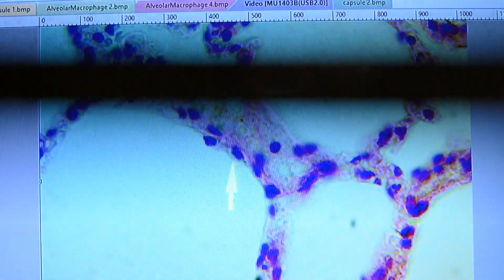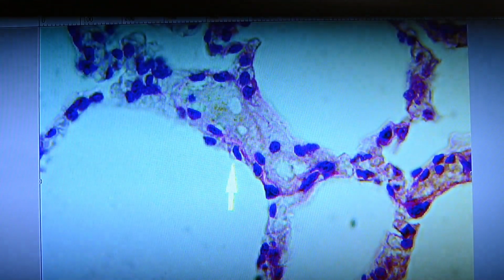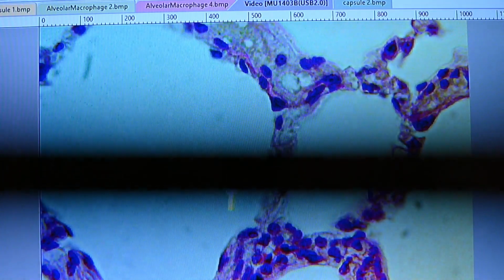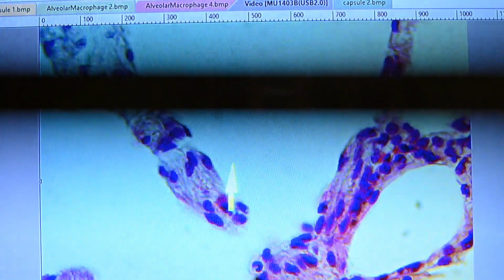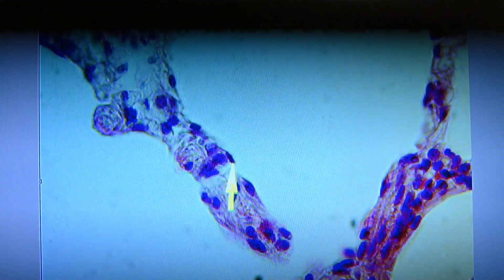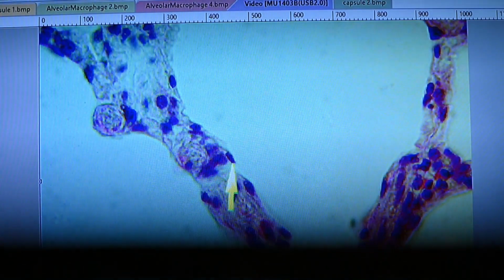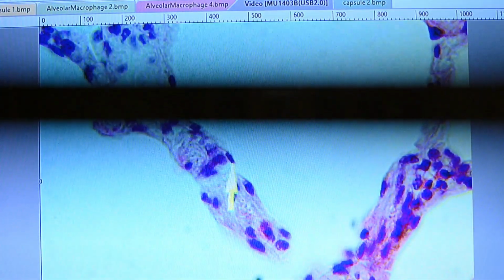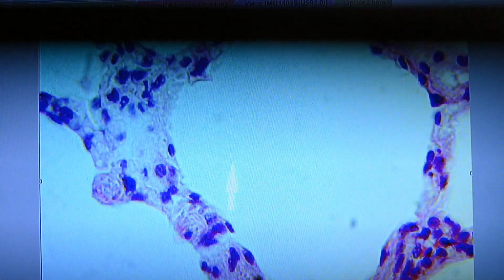There's a squamous cell nucleus here. It seems to be associated with the alveolar space. Type 1 alveolar cell nucleus. Here's another over here. Type 1 alveolar cell nucleus. There are a few of them here. There's another over here.